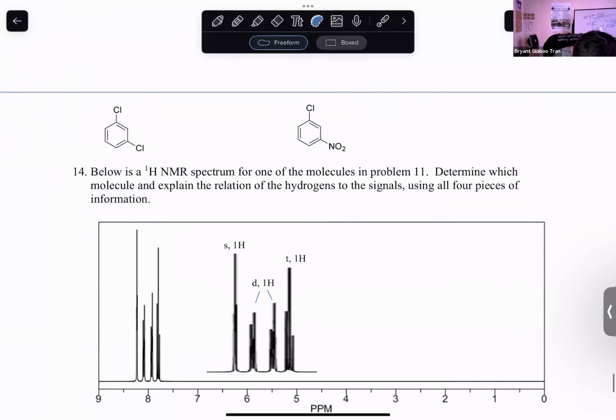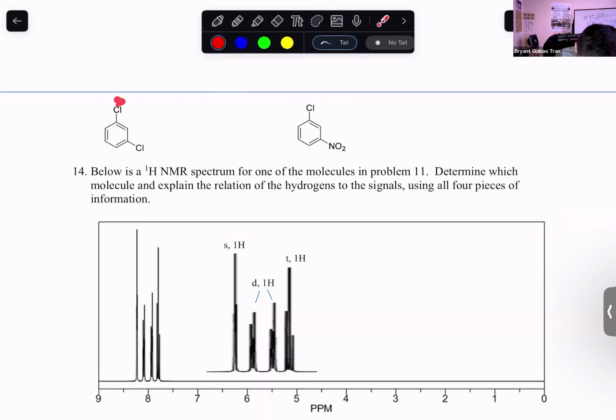Right. So do you know the relationship between these two groups right here? Let's say this chlorine and chlorine, or chlorine and NO2. Yeah, so they would be meta to each other.